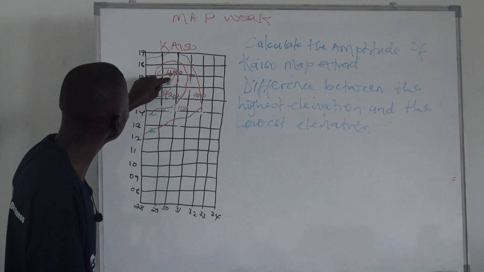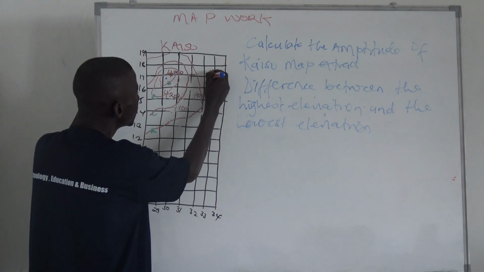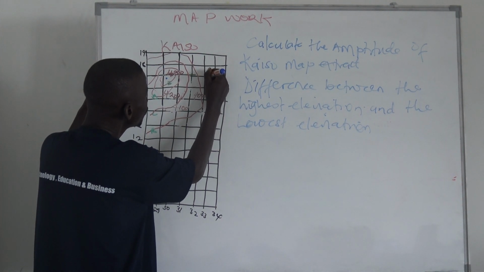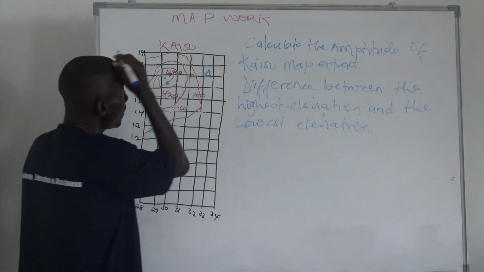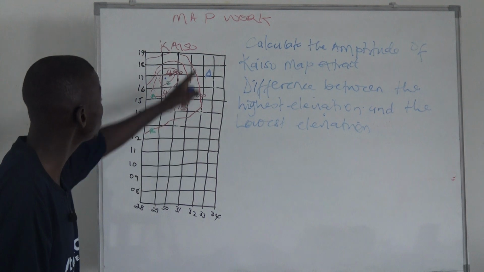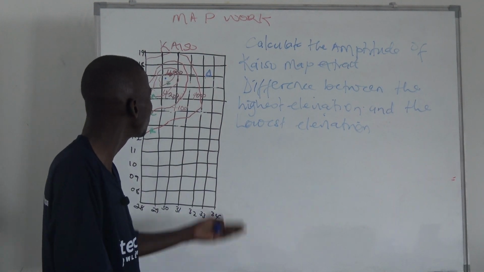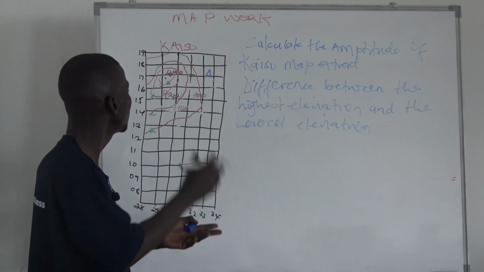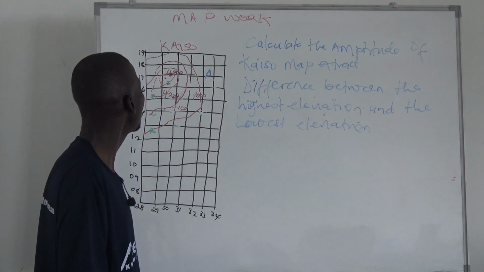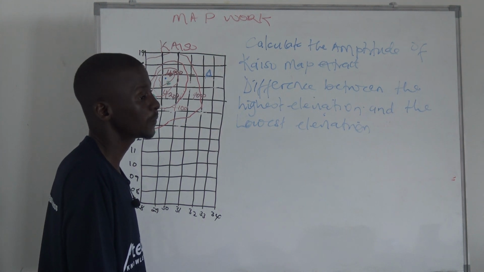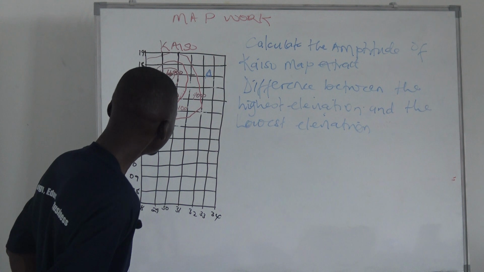If it is not a contour, then we can check for trigonometric stations. Trigonometric stations also represent highest points on a map extract. Those triangles, I told you we have three types of trigonometric stations: primary, secondary, and others. They are also put in areas that are highly raised to represent areas of high level.